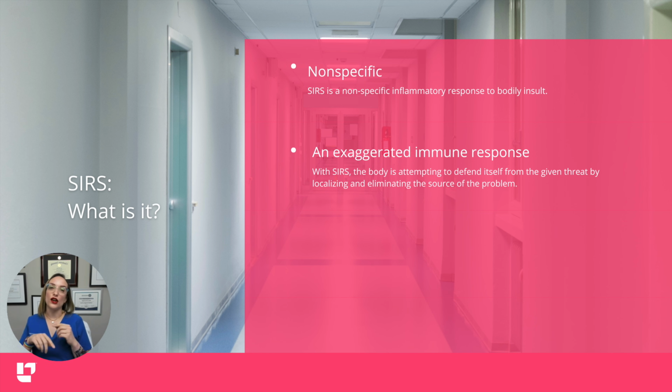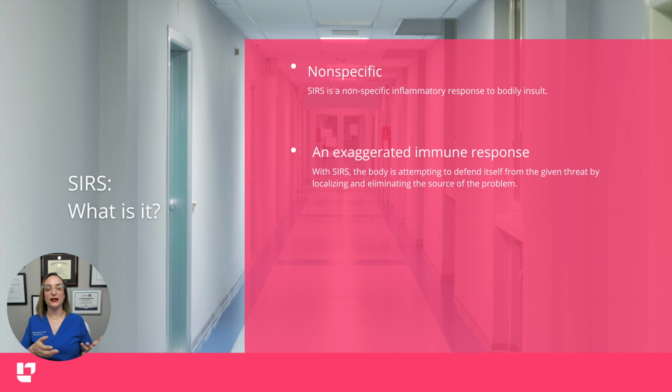If I get a cut on my finger, we expect the normal immune response is going to be that there's going to be vasodilation in the affected area in order to allow white blood cells, macrophages, other things to come in and protect against the bacteria. We're going to see some localized edema in that area related to the vasodilation. We might see some pain, some redness, some tenderness in that area, but that's going to be the normal inflammatory response to an insult like a cut.